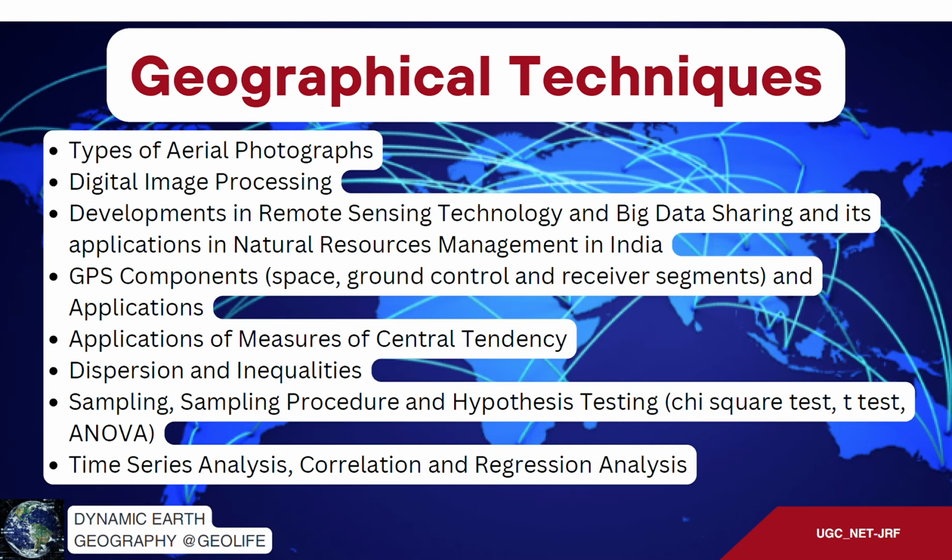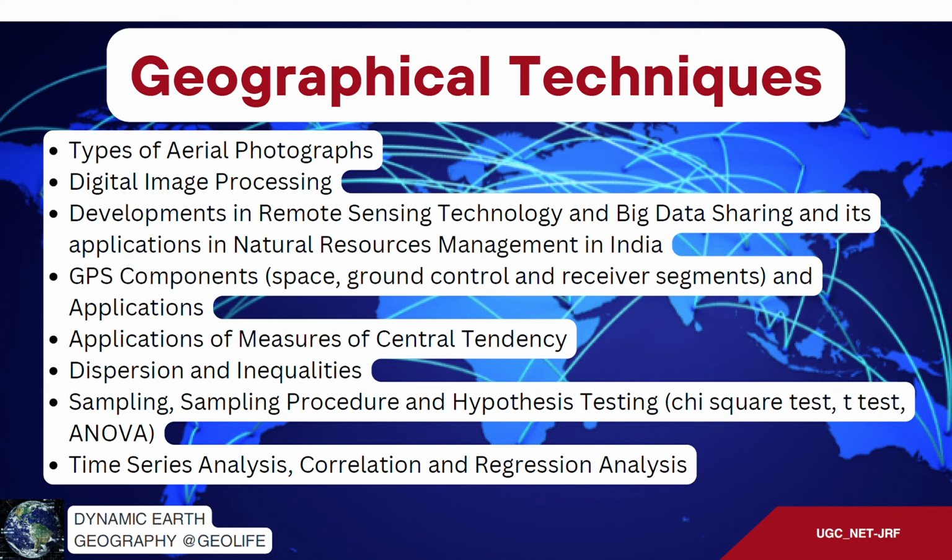And there are types of aerial photograph, then digital image processing like image pre-processing and post-processing, like atmospheric correction and geometric corrections, and those developments in remote sensing technologies, and big data sharing and its applications in natural resources and management in India, and GPS components like space, ground control, and receiver segments, and applications of measures of central tendency. These things will come under the statistics part.